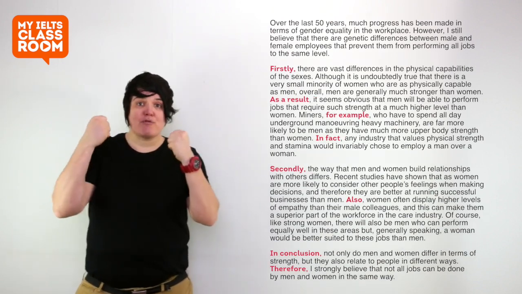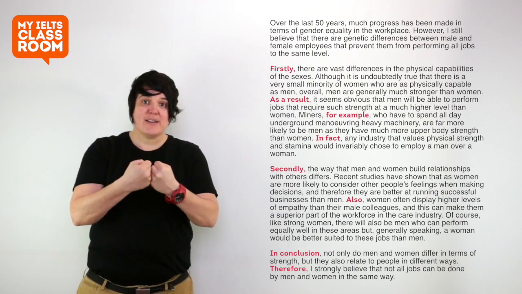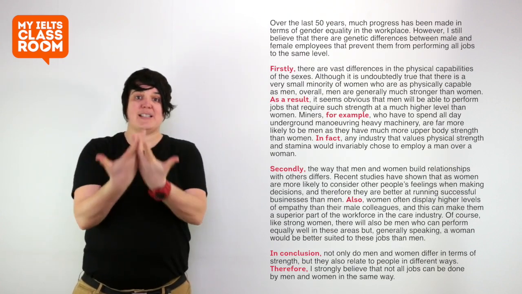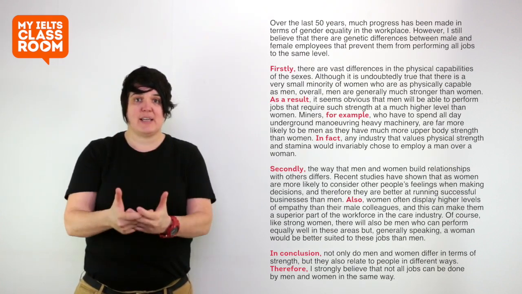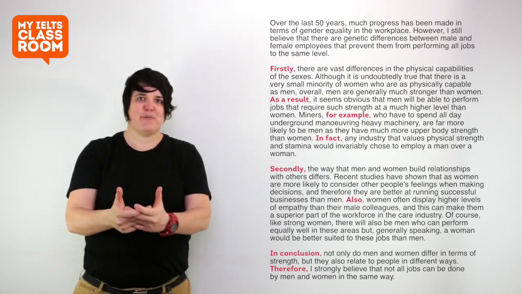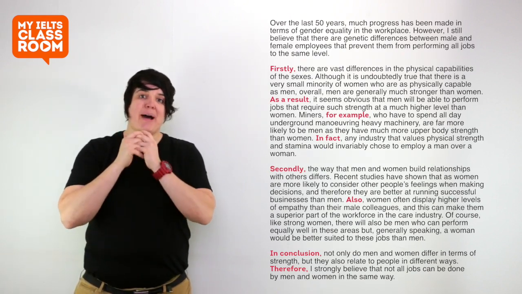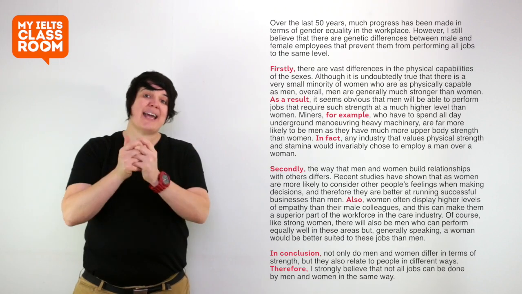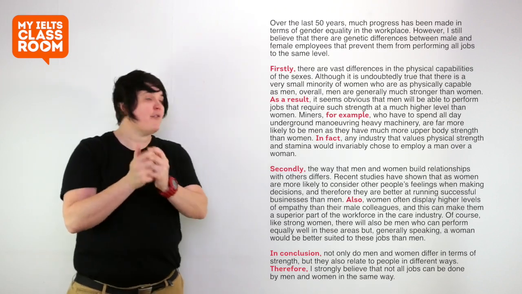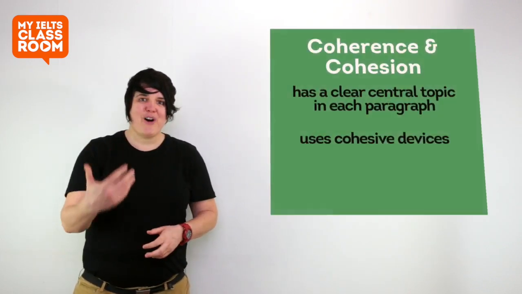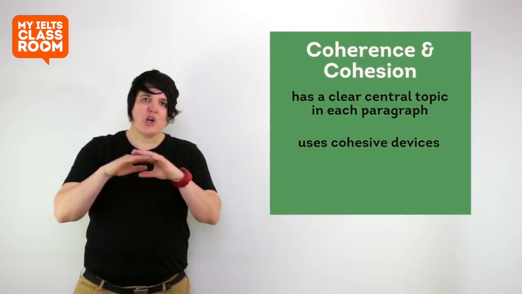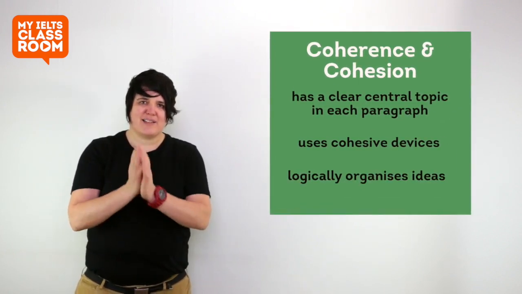These words show the relationship between ideas. They make my writing understandable and connected. We must use them. I have a video about transition signals, and that can be very useful if you find these words difficult.